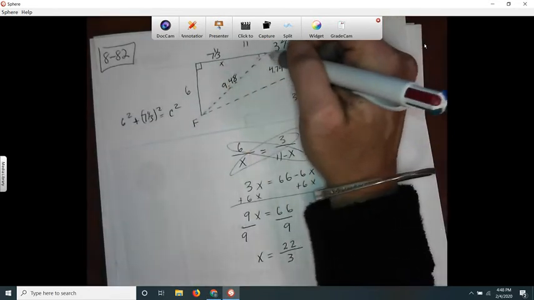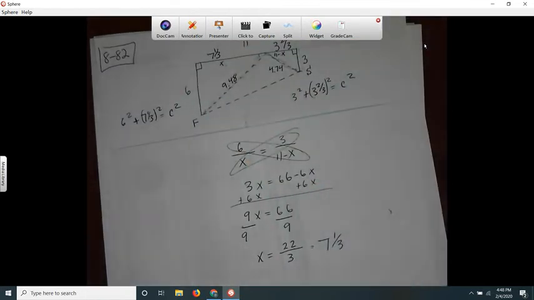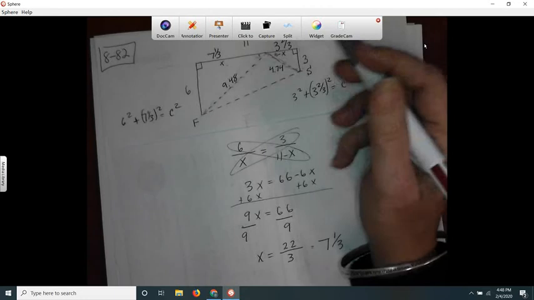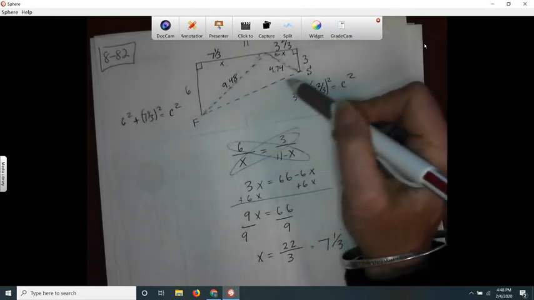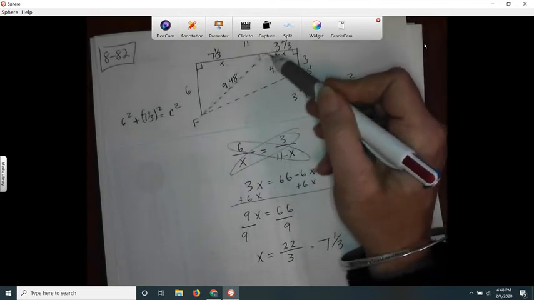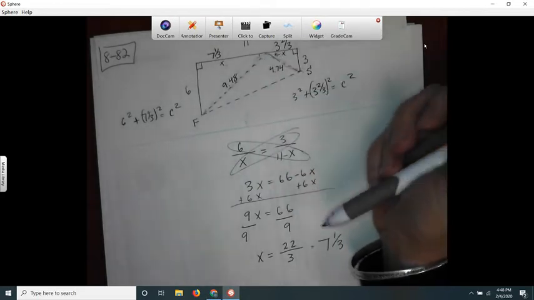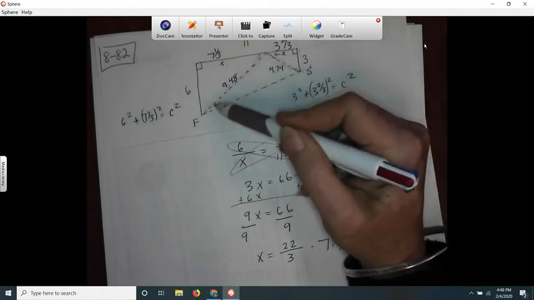So I have these two sides, and then I was going to do something crazy, and I'm so glad I didn't. Well, I did, but then I got it wrong, and then I went back and tried again. I was going to use the Pythagorean theorem again to find this, but I realize now that this right here looks like a 90-degree angle, but it might not be. So I can't use the Pythagorean theorem with this side and this side and this side.